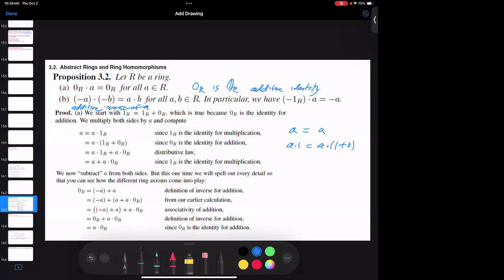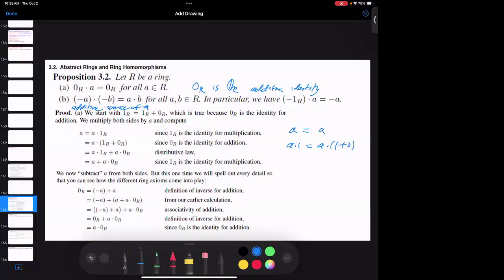And now we use the distributive property, so we can see immediately that this is going to be of use, and we get A times 1 plus A times 0. And we know, since 1 is the multiplicative identity, A times 1 is just A. So we get A equals A plus A times 0R.